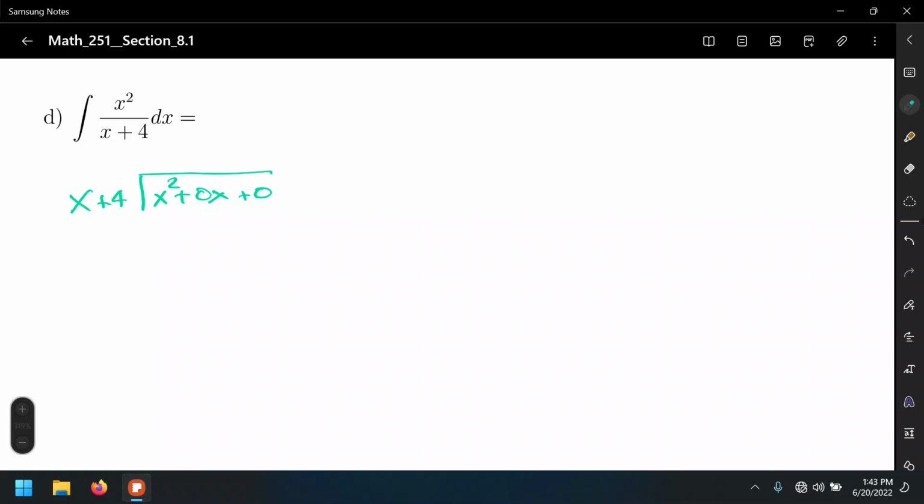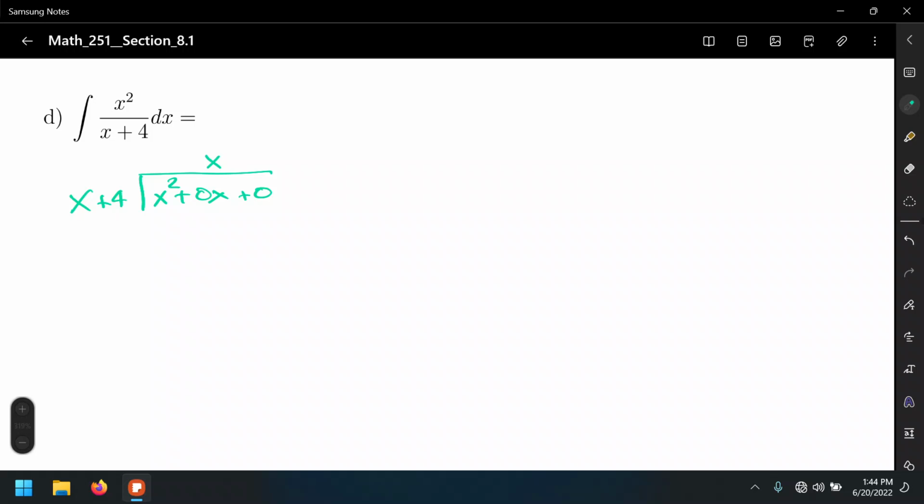So the number one step to do polynomial long division is to divide the leading term of the dividend by the leading term of the divisor. So in this case, what's x squared over x? X. Put that x on top of the x that matches the same power. Again, that's for organization purposes.